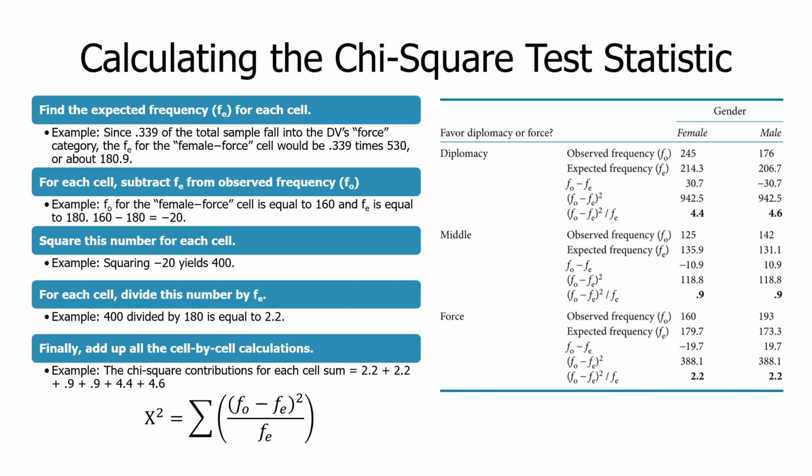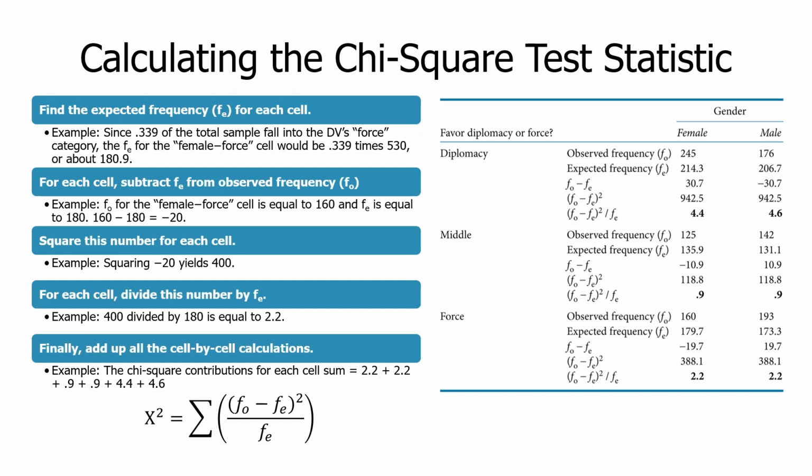Here's the female force cell, and here are the 160 females that were actually observed in this cell. Here's the expected frequency. Where did this come from? We multiplied 0.339, the proportion for the entire sample, times the number of females, and we came out with about 179.7.